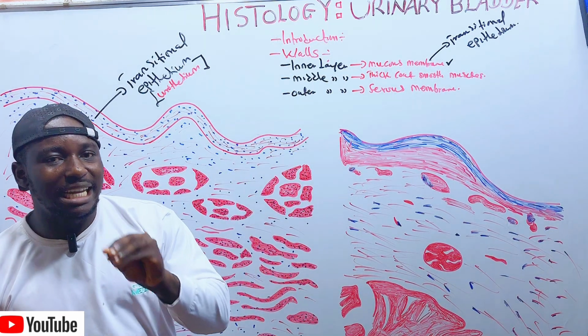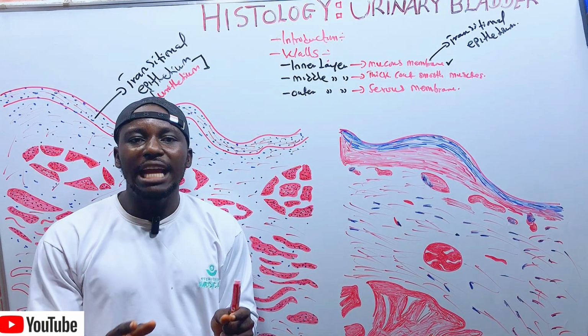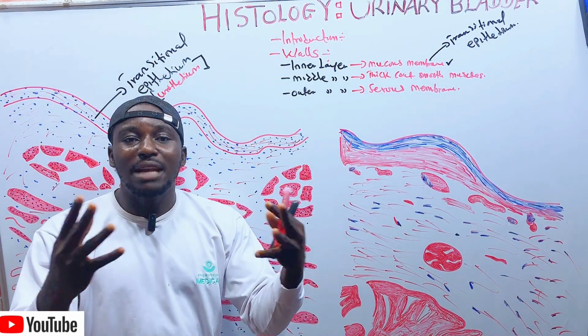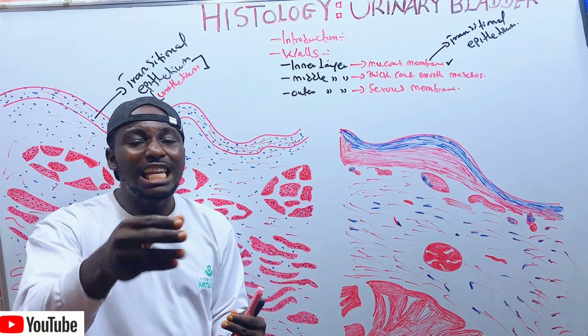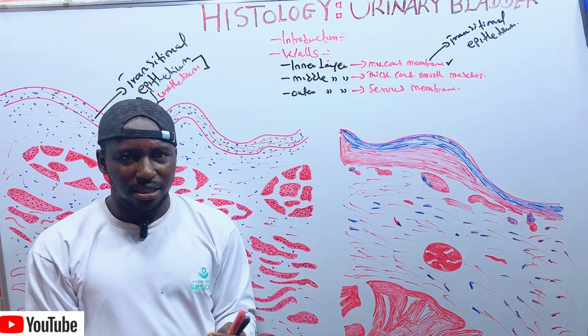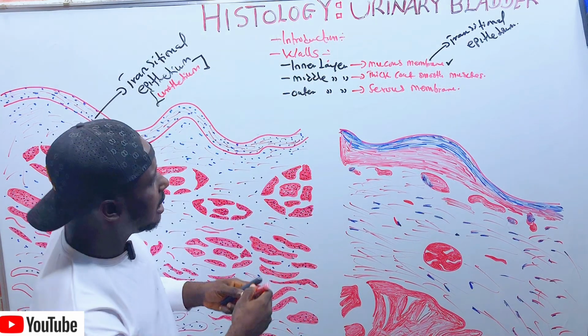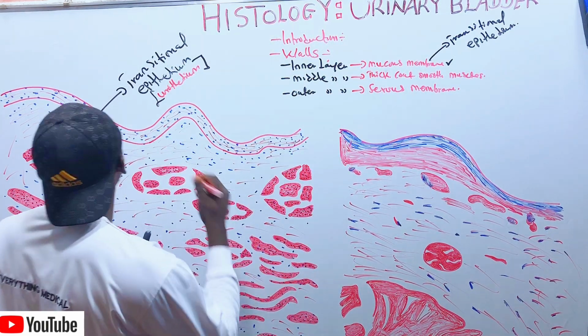You have to understand again that when the urinary bladder is distended, that is, it has urine, the lining epithelium becomes thinner.